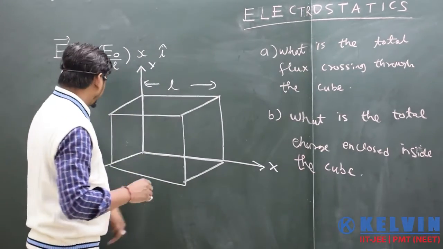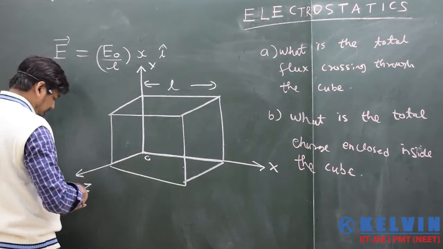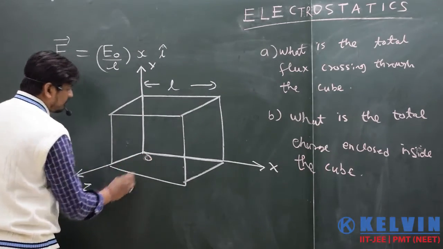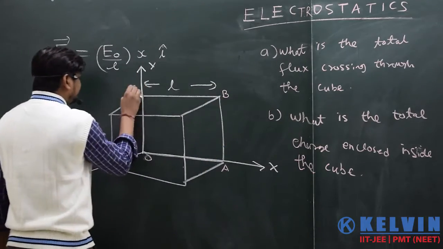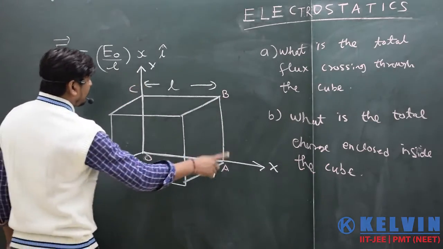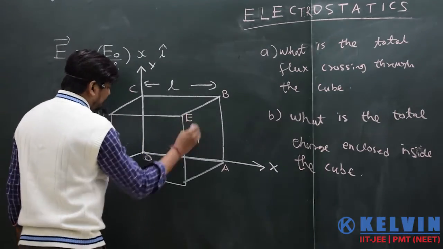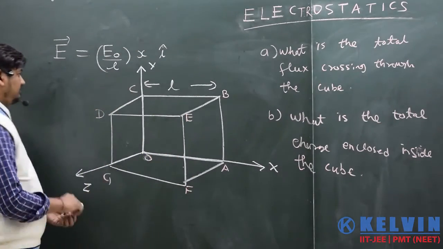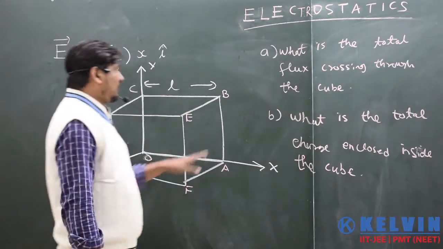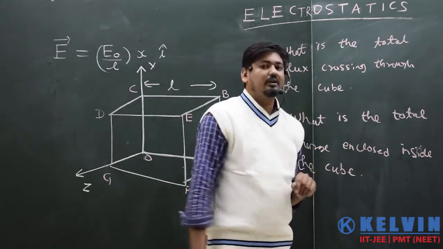So let me just do some nomenclature. Say this is origin O, this is A, this is B, C, and so on: O, A, B, C, D, E, F and G. For the first part, what is the total flux crossing through the cube?